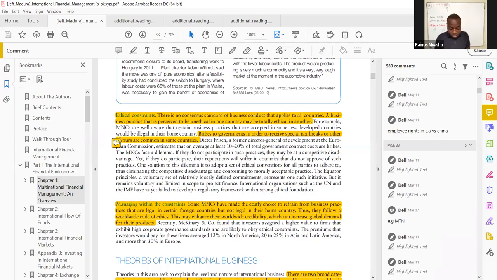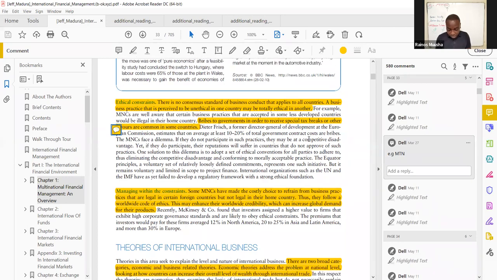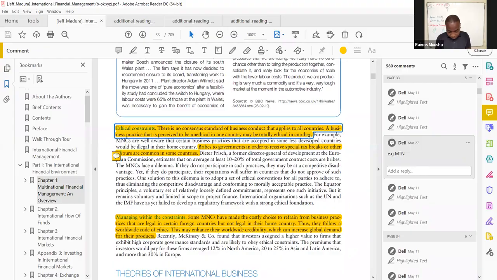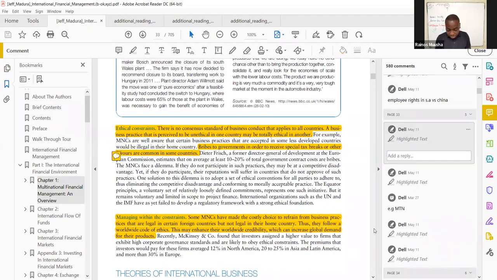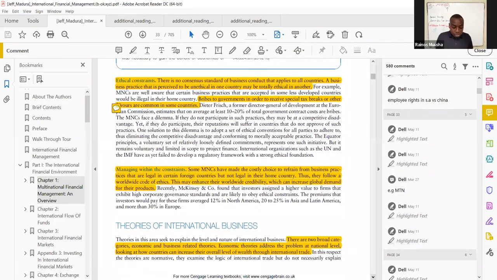And a typical example of this is the issue of MTN, where they were taken to court by an American company that they were competing with when it comes to telephone network set up, I think it was in Iran.